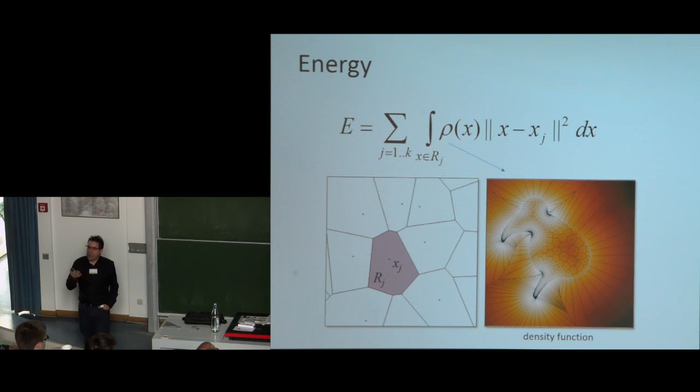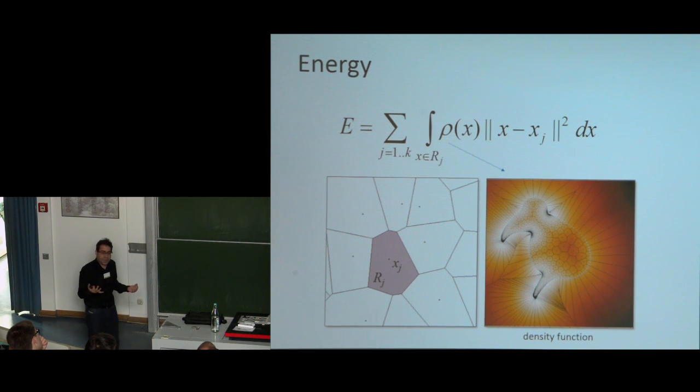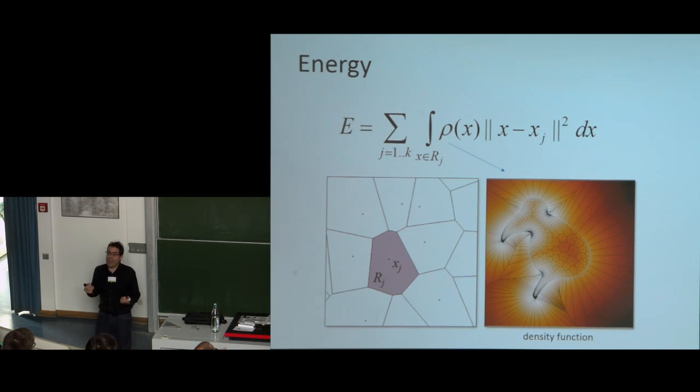So basically what we want to minimize here is the sum of square distances to the generator. I want to find a partition that minimizes that energy. That energy is not related to an approximation at all, but it's more like a variance minimization. See, right?